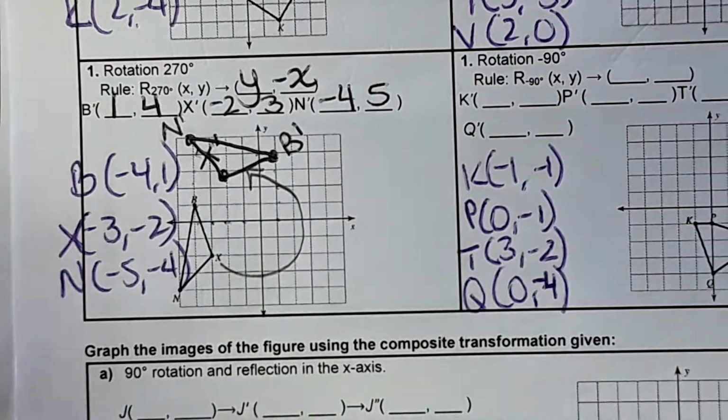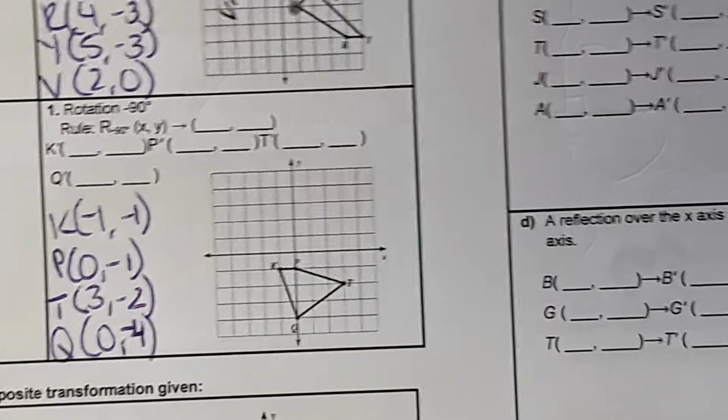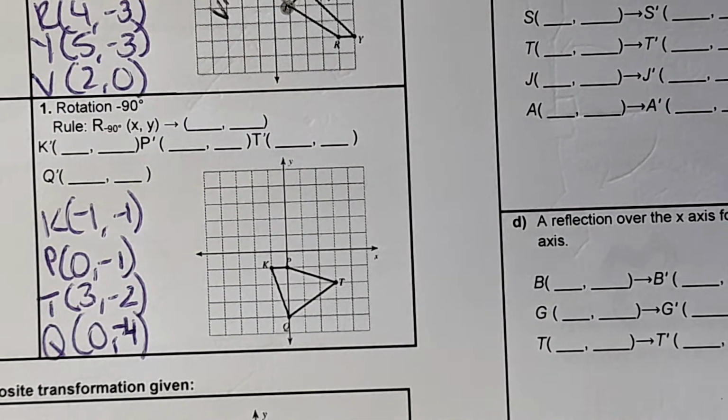And moving on. The next one says a rotation of negative 90 degrees. If you look up at our chart, we actually don't have a negative 90 degrees on there. The reason is that negative 90 is the same as 270, so we just use that rule. If you had a point right here and you rotated it 270 degrees, it would land maybe right here. But also, if you rotated that point negative 90 degrees, it would land in the same spot. So we don't write out a rule for negative 90.